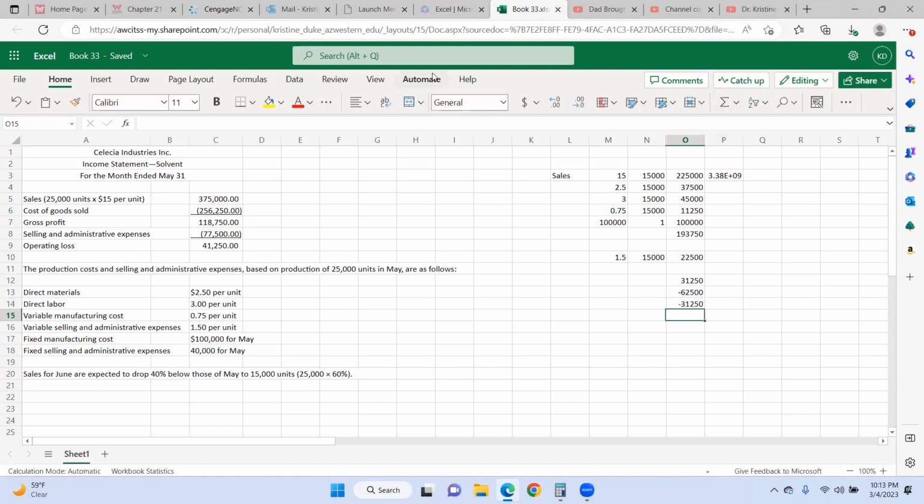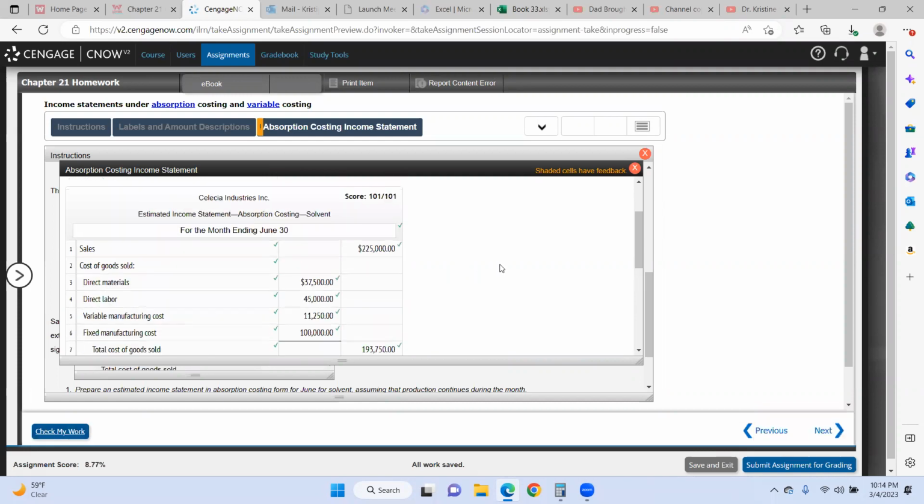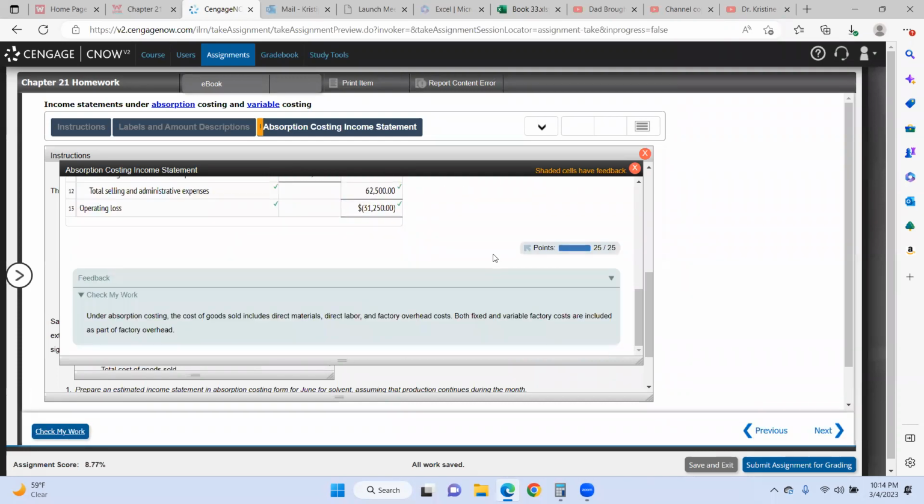Negative 31,250. That's interesting. Okay, we will double check our work. Excellent. So I've completed that. I got 25 points. So there's my absorption income statement.